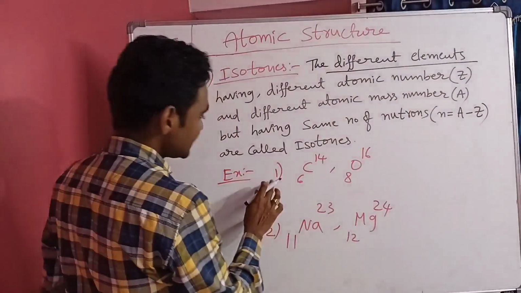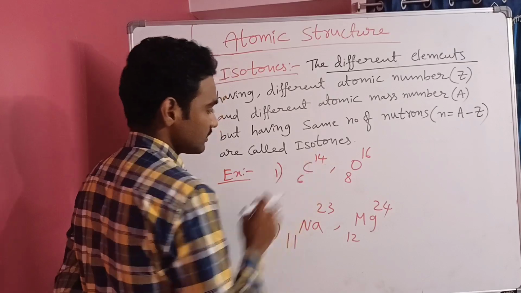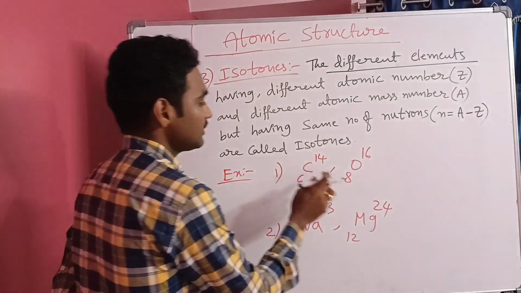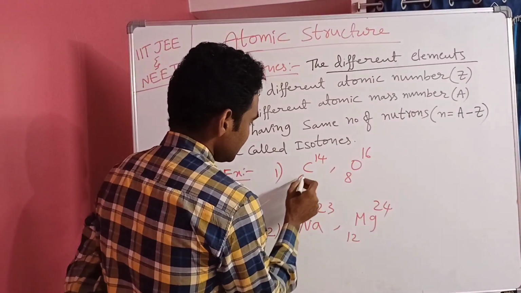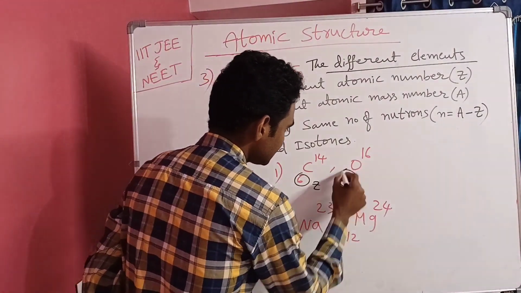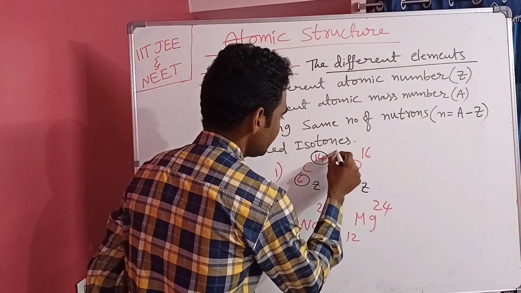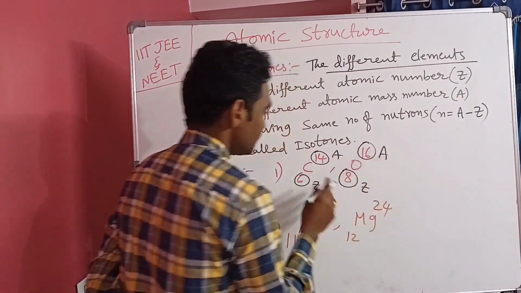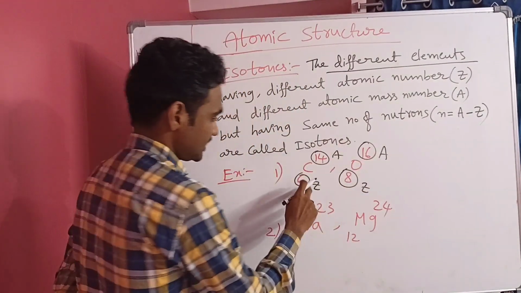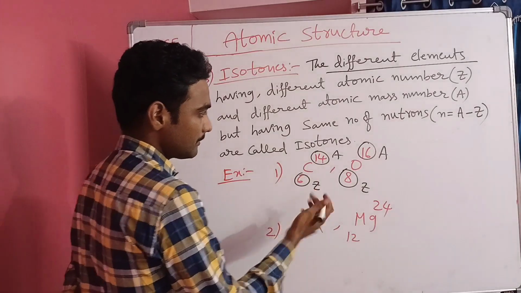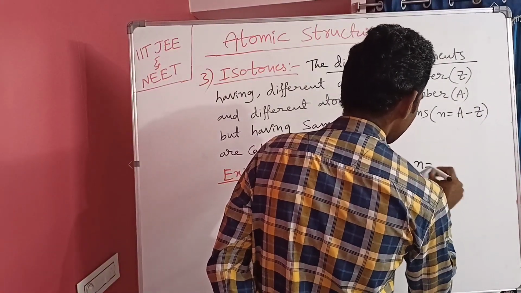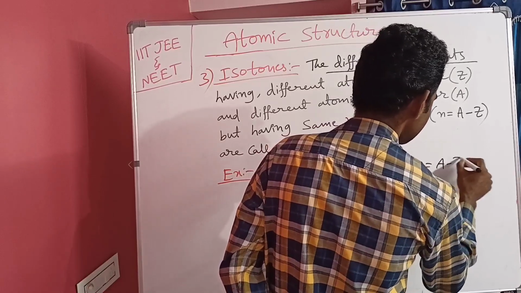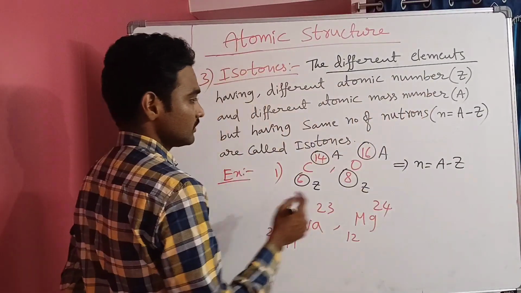See, first example, carbon-14, one of the isotopes of carbon, and oxygen-16. Here this is the Z value, this is the A value. A value is different, Z value is different, both different, but they have the same N value, number of neutrons, A minus Z. Let us check once.